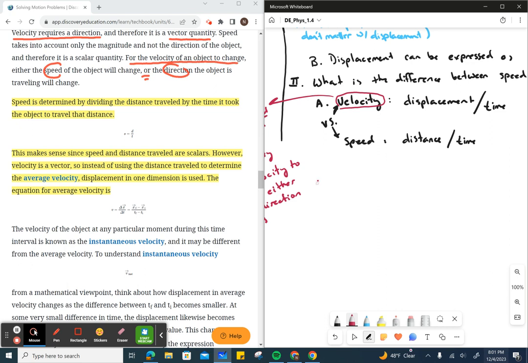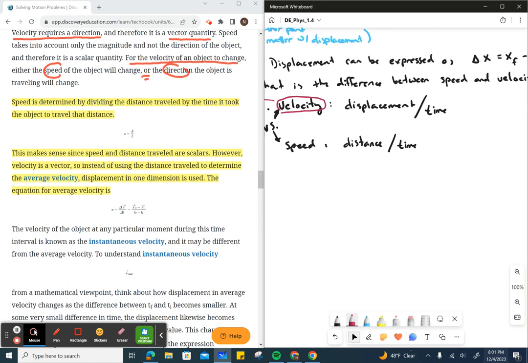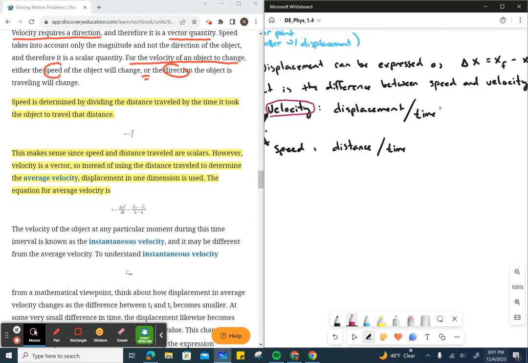Well, if we said that speed was distance over time, and we're saying the velocity is displacement over time, then the best way to represent that is, and I'm looking right here, just trying to track this stuff with your notes so you guys can follow.